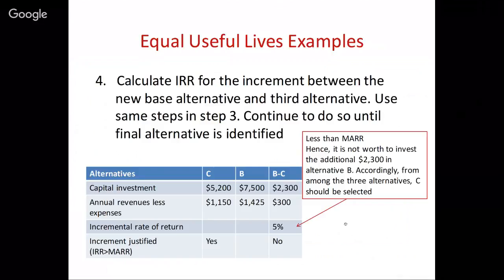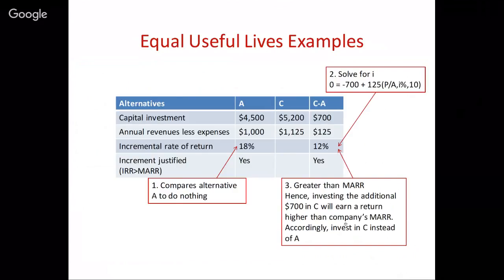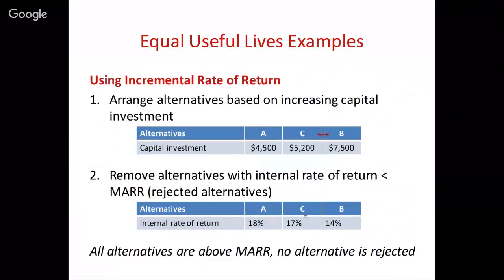So a few things to say. First of all, let's go back again. Notice that C did not have the highest internal rate of return, right? C was not the highest rate of return. So, and this may be the last time I say it, do not select by comparing rates of return.